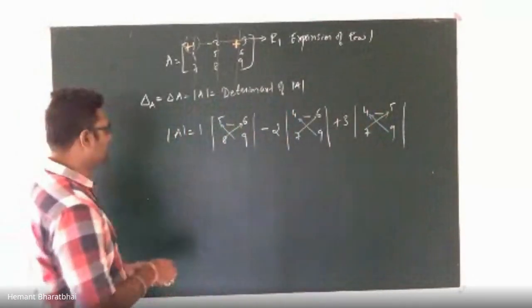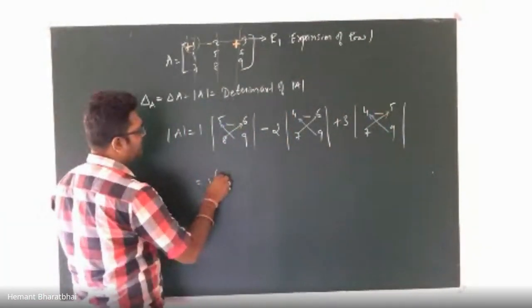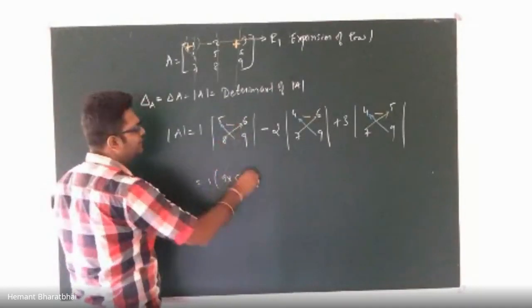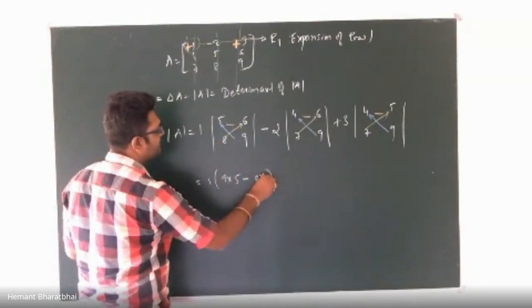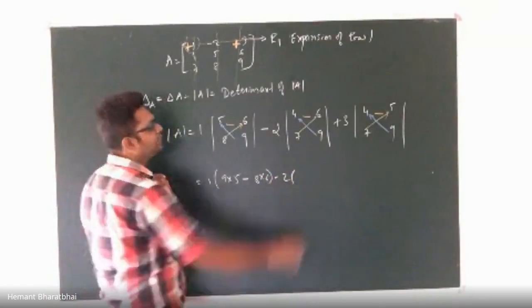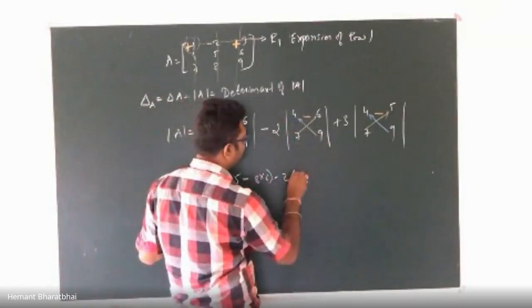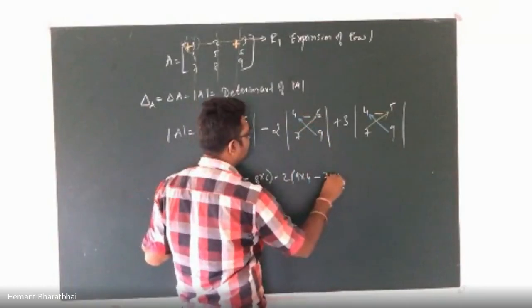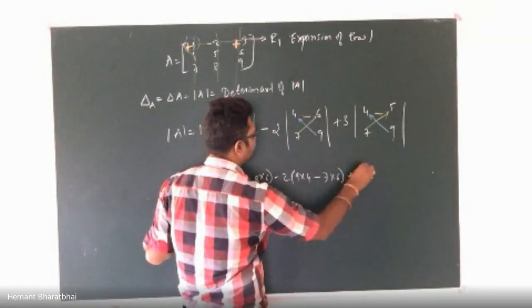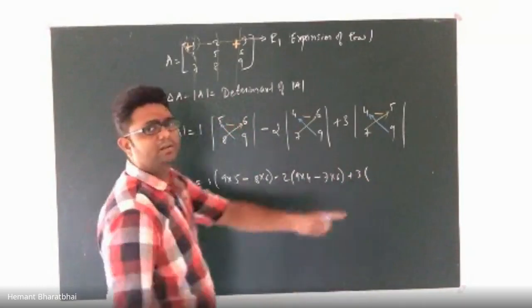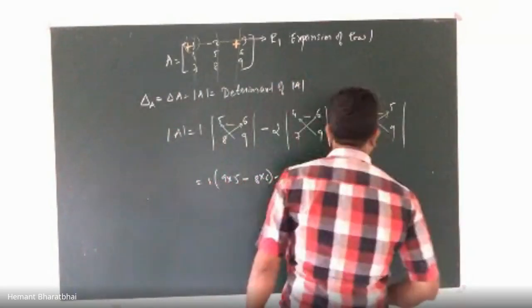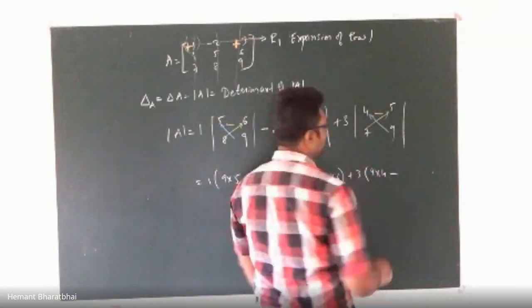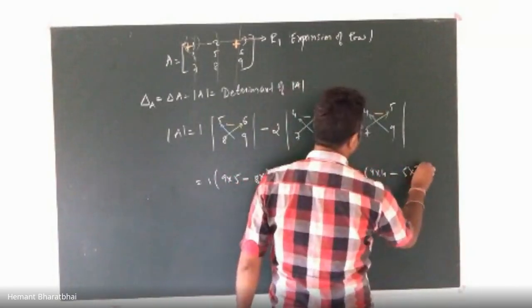So it will be 1 into (9 into 5, minus 8 into 6), minus 2 into (9 into 4, minus 7 into 6), plus 3 into (first we go right to left, that is 8 into 4, minus 7 into 5).